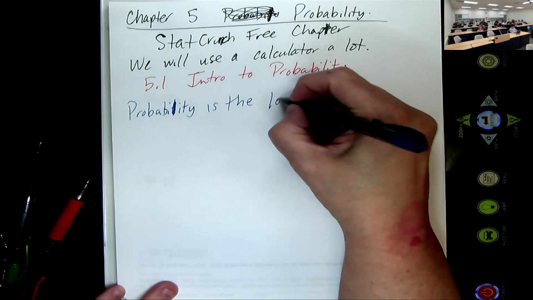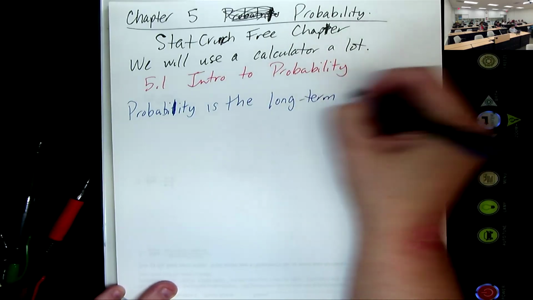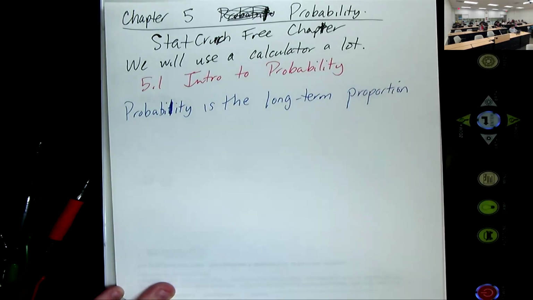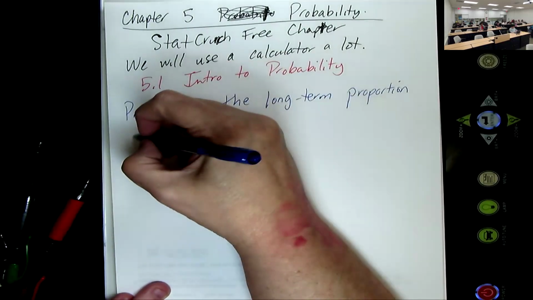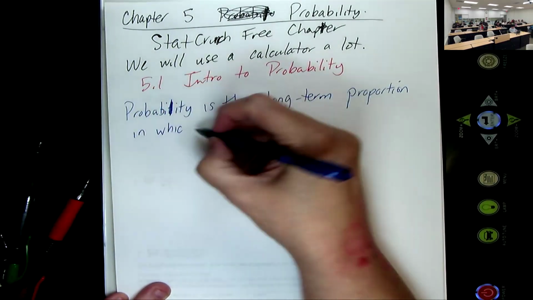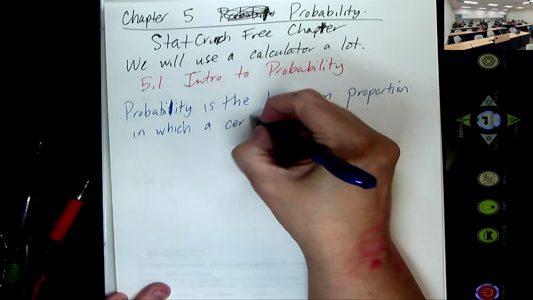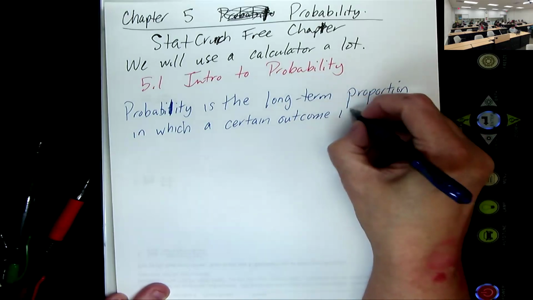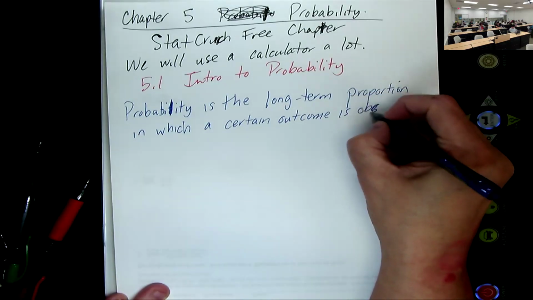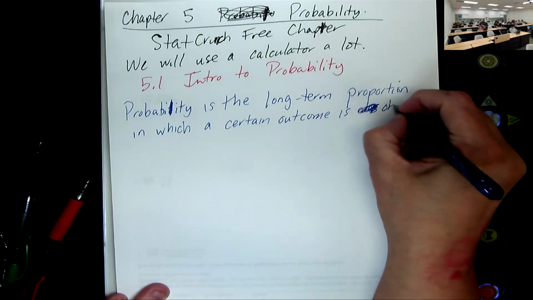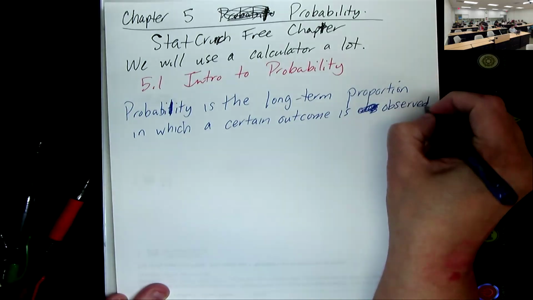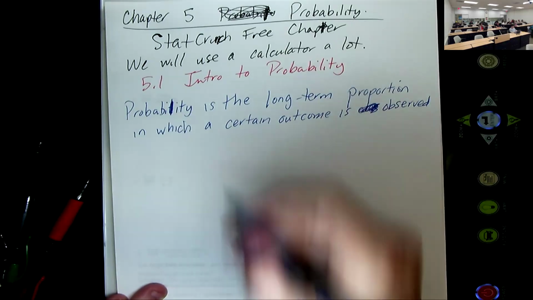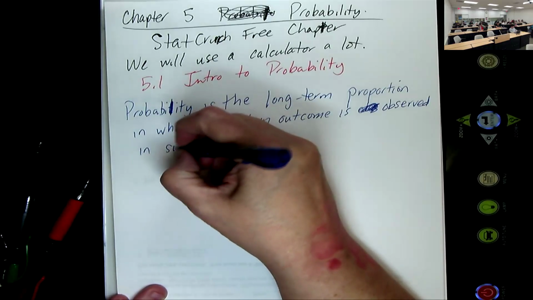Probability is the long-term proportion in which a certain outcome is observed in situations with short-term uncertainty.